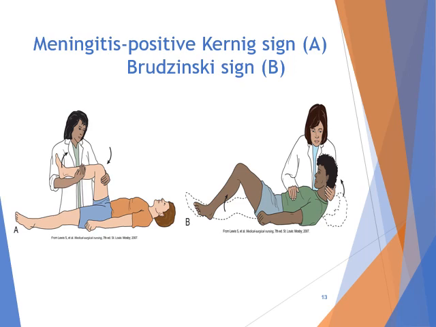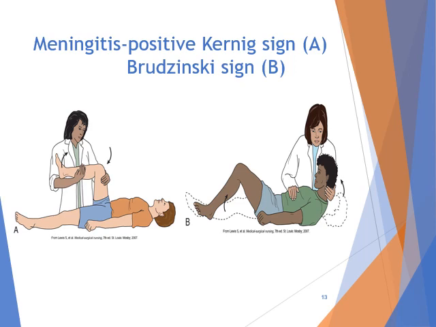So the head comes up, the knees come up when the head is flexed, and that's all because of the inflammation around the brain and the spinal cord. So that irritation causes these Kernig and Brzezinski signs, and I want you to pay attention to the Brzezinski sign and the Kernig sign.